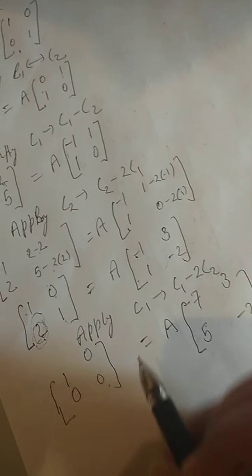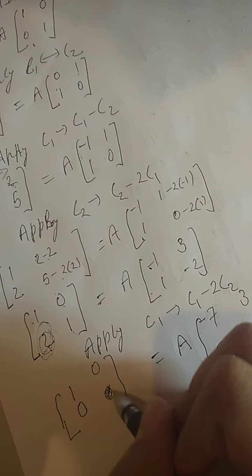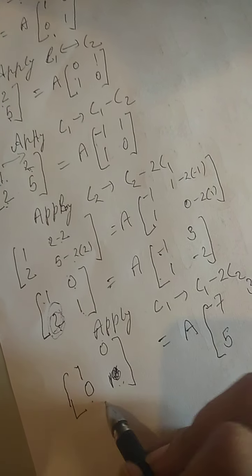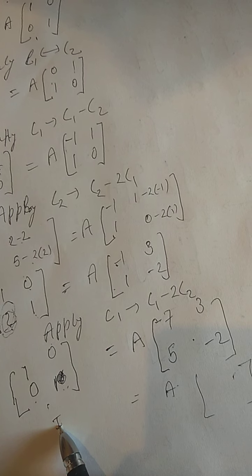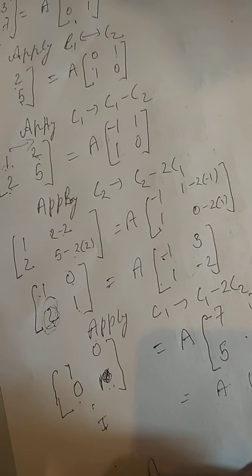That's it. So what is happening here? Here we have 1 0 0 1. This is our identity matrix, and here we have A into this new matrix. That means the product of these two matrices has become equal to I. So it means our inverse matrix is, so A inverse will be equal to this matrix.